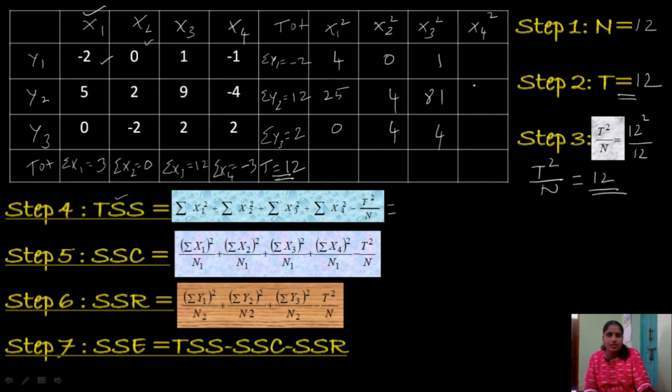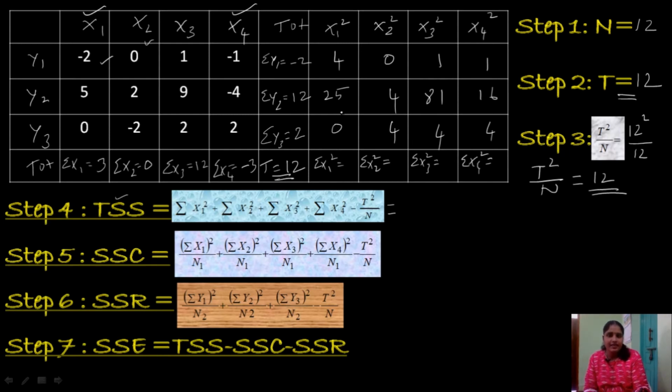And for the last column x4, minus 1 square is 1 itself, minus 4 square is plus 16 and 2 square is 4. By adding all these values, you get sigma x1 square, sigma x2 square, sigma x3 square and sigma x4 square.